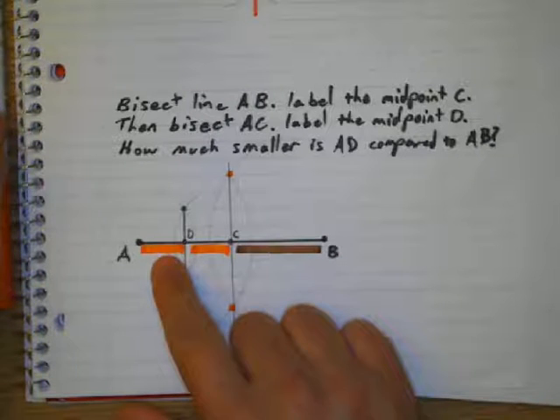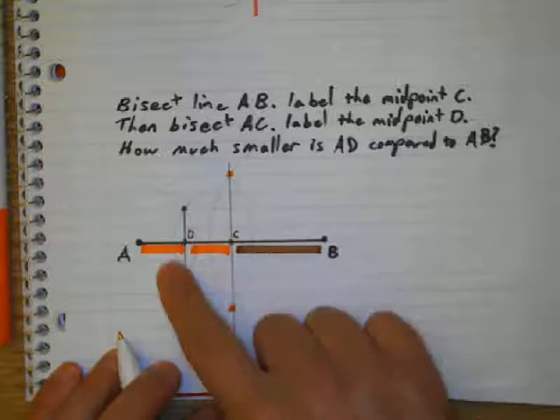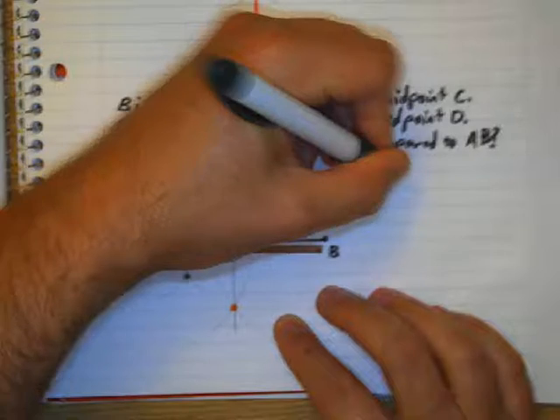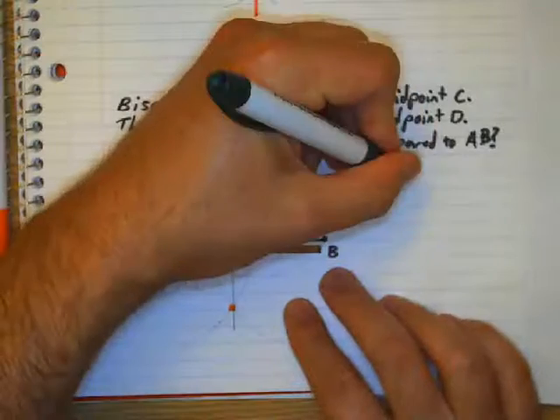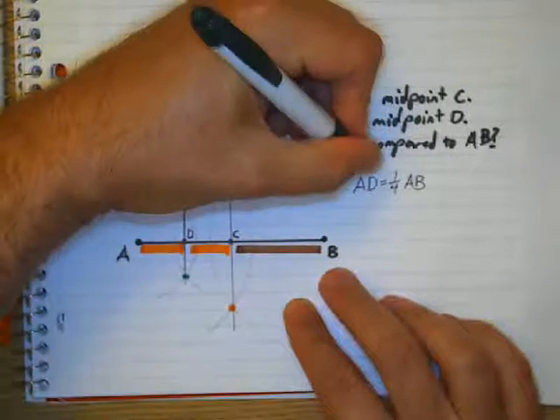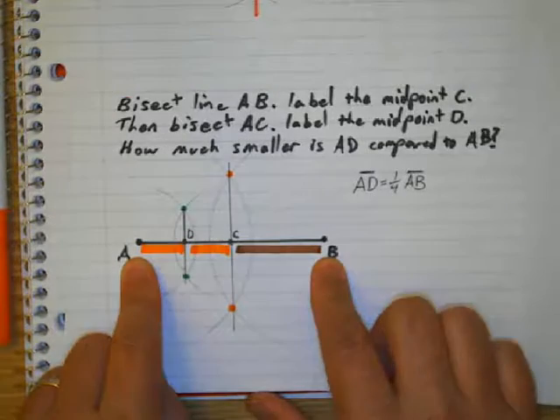So we would eventually be able to say, how much smaller is this? Well, AD is 1/4 the length from A to B. Okay, so you may want to pause and think about why AD would be 1/4 of AB.